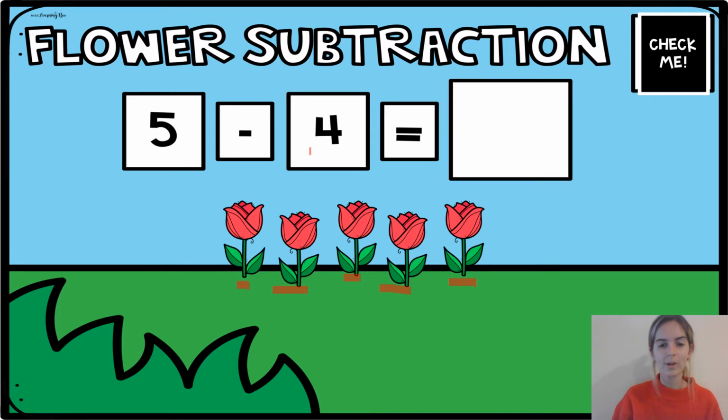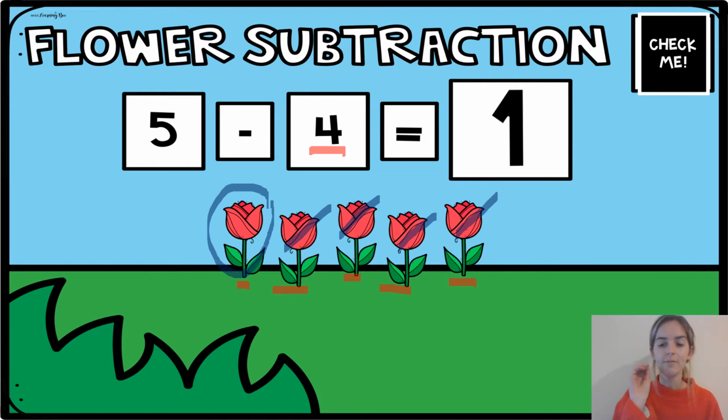And we are taking away 4 today. So let's cross 4 out. 1, 2, 3, 4. Okay, what am I left with? I'm left with 1. 5 take away 4. 1, 2, 3, 4, and we are left with 1.